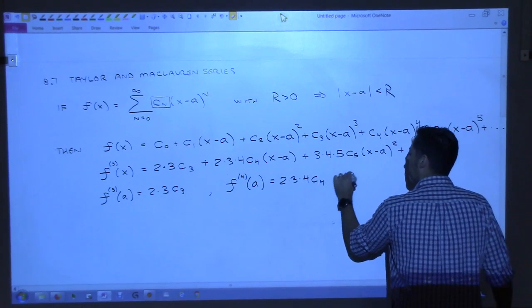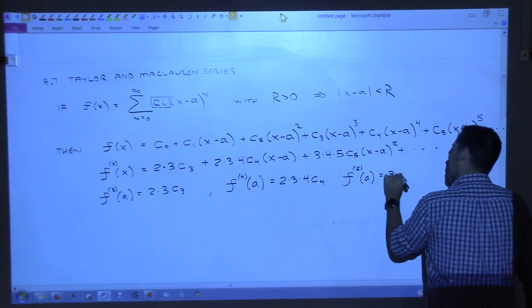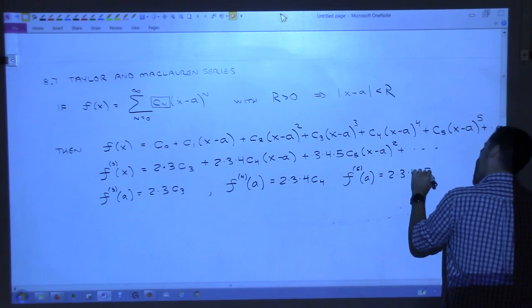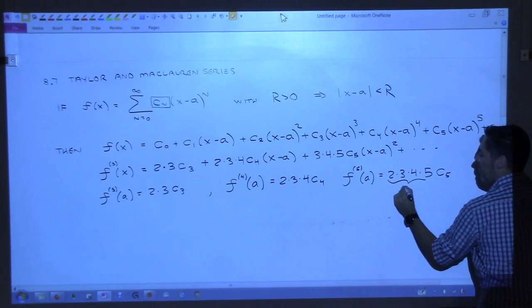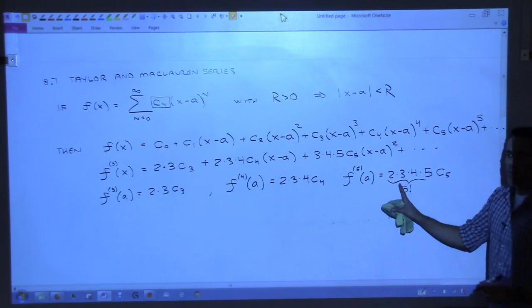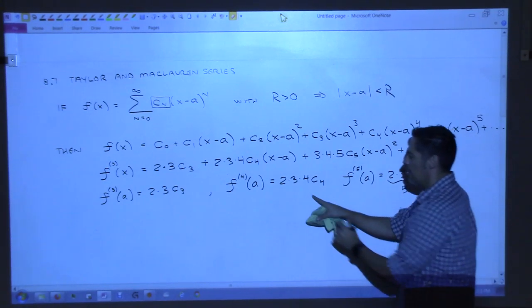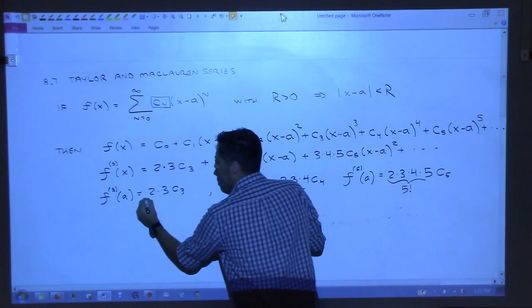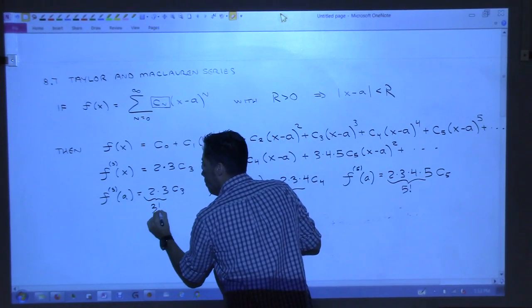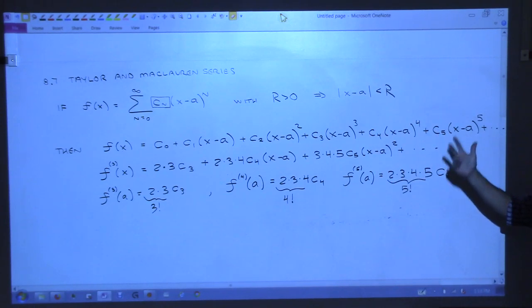And then the fifth derivative at a, 2 times 3 times 4 times 5 c sub 5. So really this is 5 factorial. I don't need the 1 here, right? There is a 1 there. So that's 5 factorial. This is 4 factorial. This is 3 factorial. And if you look backwards to our others, wasn't that 2 and 1 factorial, respectively?